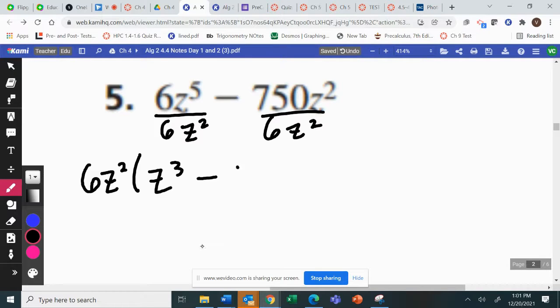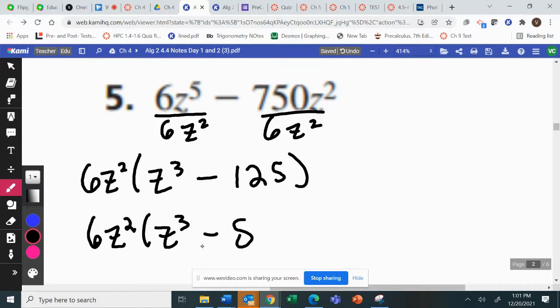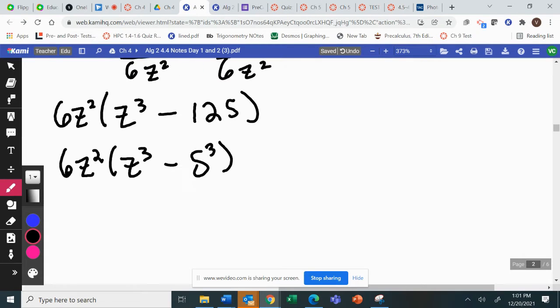125? That would be really convenient if it is 125 because 125 is a perfect cube. So we've got z to the third minus 5 to the third. We can now use the formula. I do need to bring over my GCF though. Don't forget. Gotta remember that guy up front.